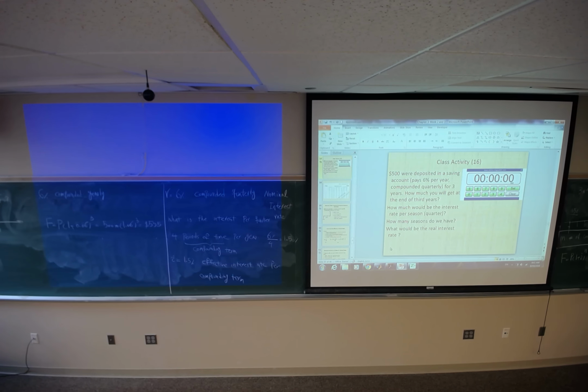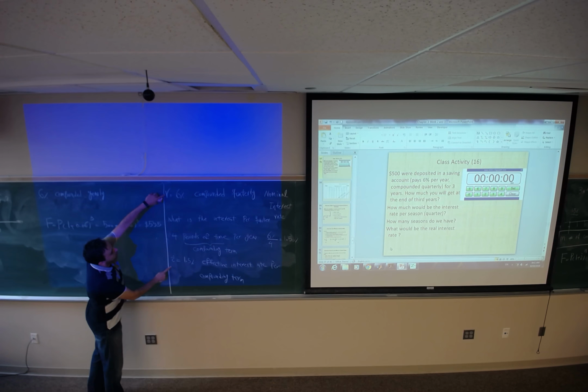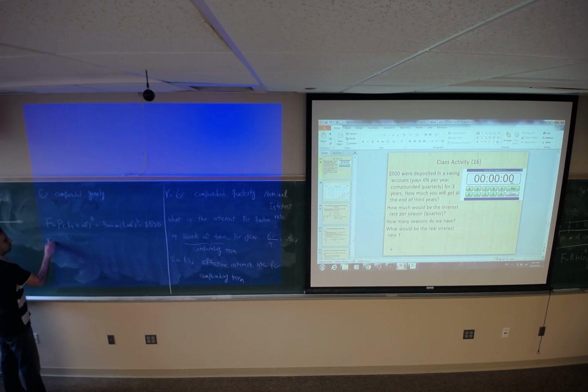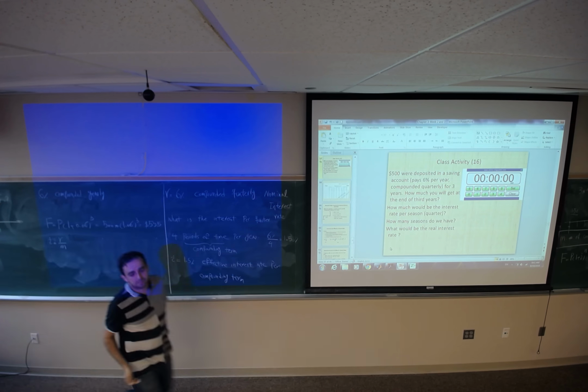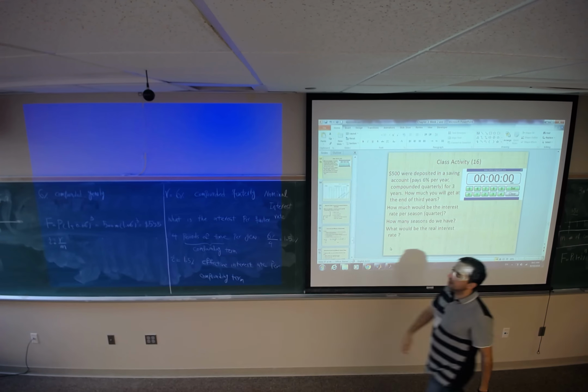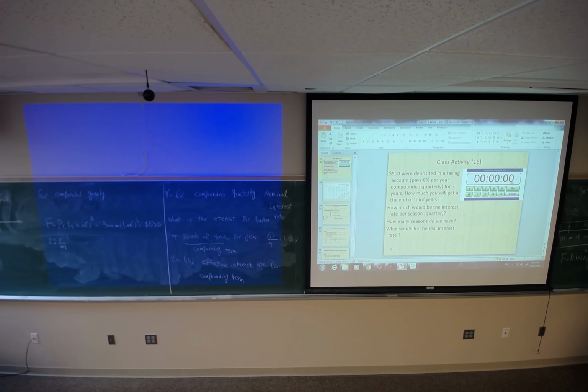How many compounding terms or periods do we have per year? In this problem, we have 4. So you can see the relation between R, I and M. I would be R dividing by M. 6% divided by the number of periods per year, I can get the effective interest rate per compounding term.